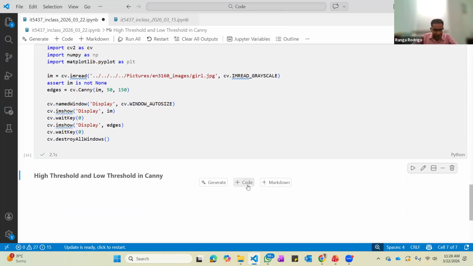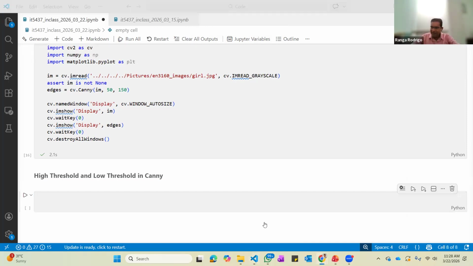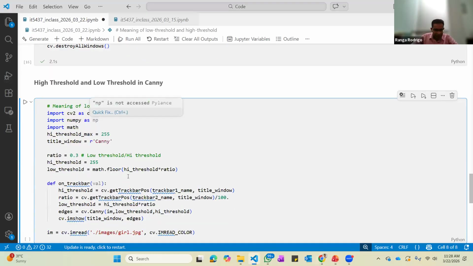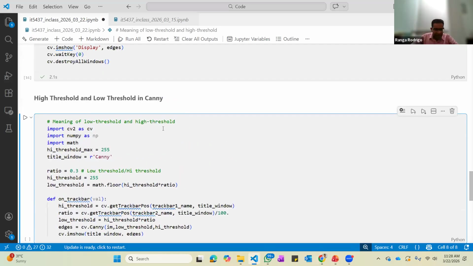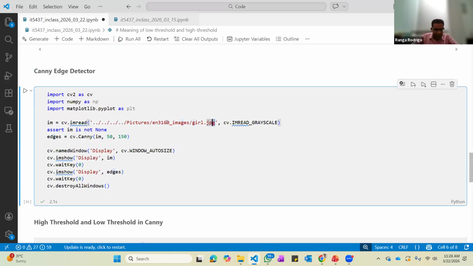That one I will not give you time for. I will just put that code and run it, because I have some trackbars and so on. It's the same girl image. To open that, I need to copy this because I now have a different folder where the images are kept.